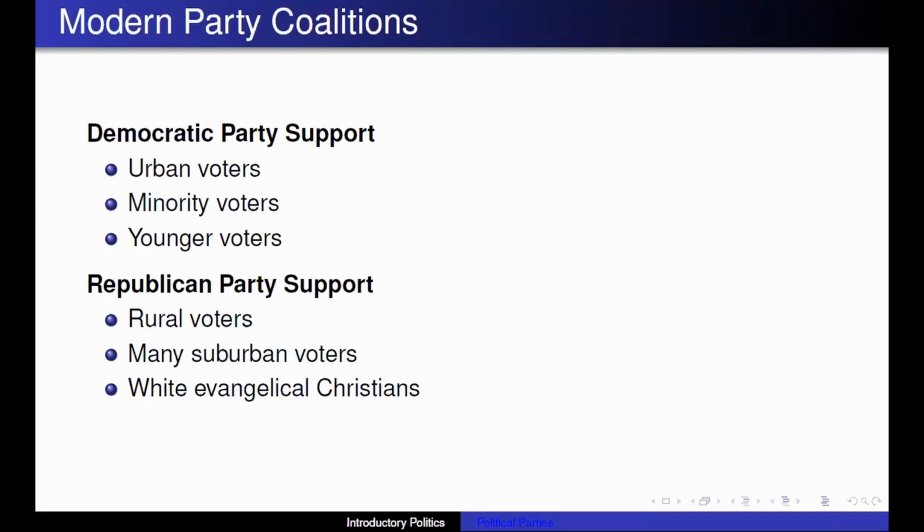Because of these two divergent ideological interests, Democratic Party support tends to be strong from urban voters, from non-white voters, and from younger voters. The Republican Party's position on more limited government and low taxes tends to receive strong support from rural voters and suburban voters, and in its social policy, many white evangelical Christians.